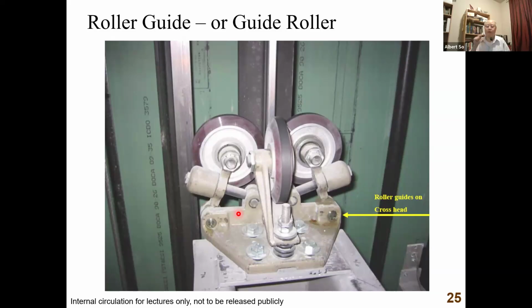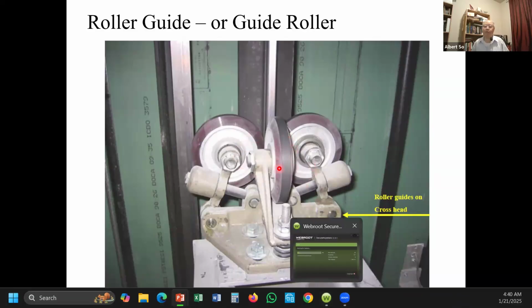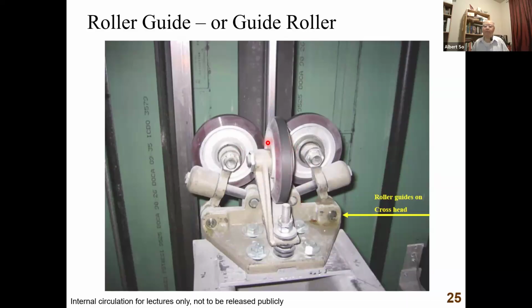Okay, so it's a two-dimensional stabilization. For trains, you just need one. But for the lifts, you need three on one side and then three on another side. So usually you have two sides, and then you have two sets of guide rollers, one on top and one at the bottom. So actually, six guide rollers on one side and six guide rollers on another side. Okay.